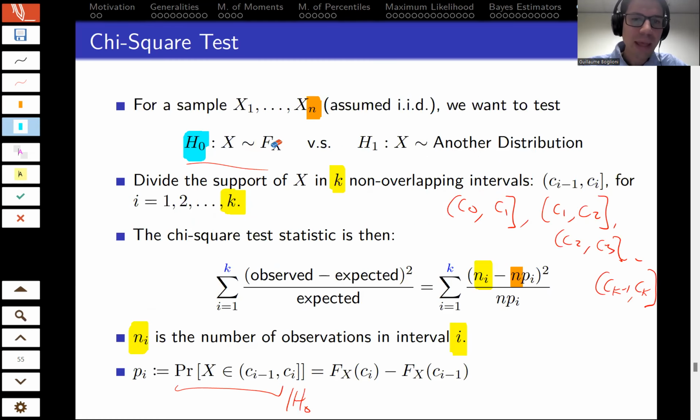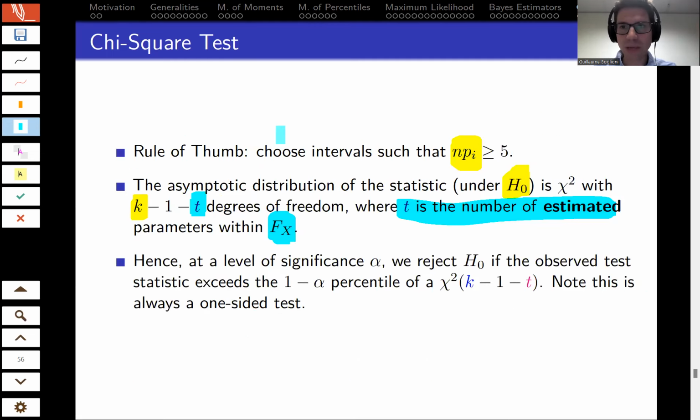Meaning, if we ask you to test that x follows a Poisson 10, or Poisson 5, or a Poisson with a given parameter that we don't ask you to estimate, then you haven't estimated any parameters, so t would be 0. But if I just tell you to test that the data is Poisson in general, first you need to estimate the parameter of that Poisson from the data. So you would have one parameter here. And that's actually the example we're going to look at in a second.